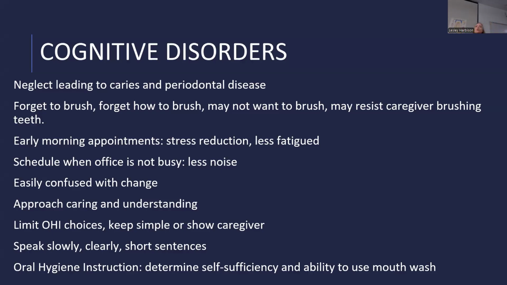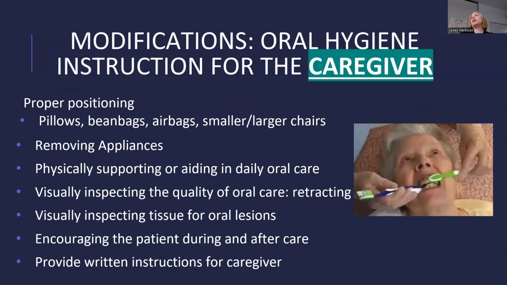So sometimes you just have to go with the flow, talk with the caregiver, have them be a part of it. Simpler instructions, oftentimes speak slowly, short sentences, all of those things that we'd have to incorporate with not just elderly people, but other kinds of cognitive issues with any age.